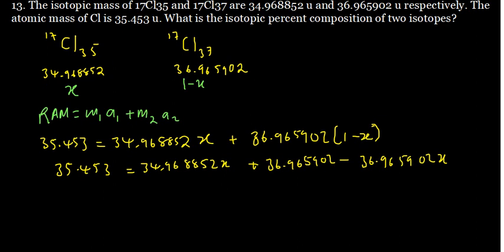So we put like terms together, this one minus this one, because they all contain x, which is 34.968852 minus 36.965902. So that is going to give us negative 1.99705x.